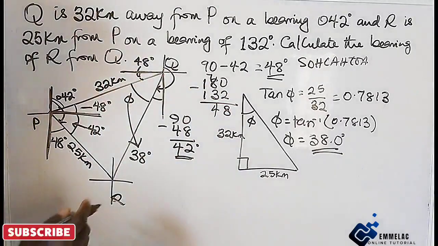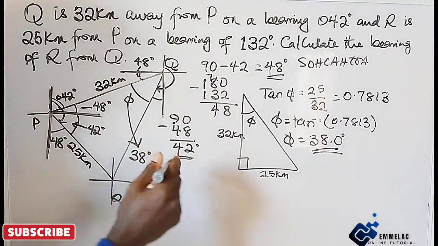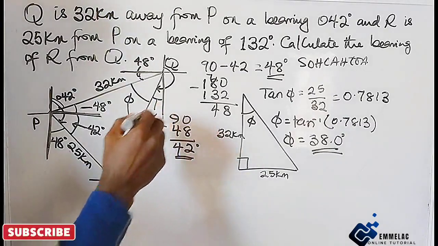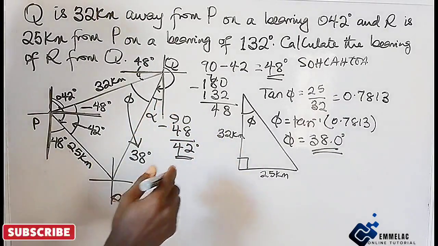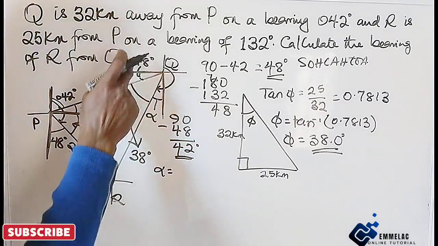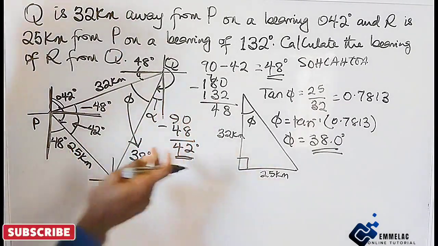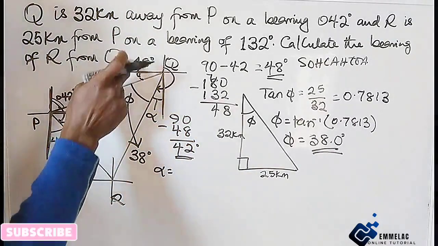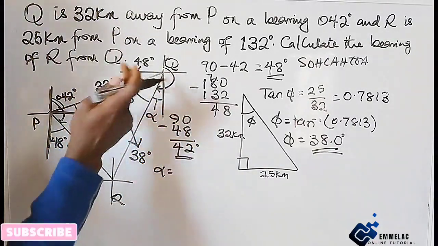If here is now 38, take note that here is all 90. This place, let us make it alpha. For us to get alpha, this plus this plus this will give us 90 degrees. For us to get this, you have to add these two angles and take it away from 90.